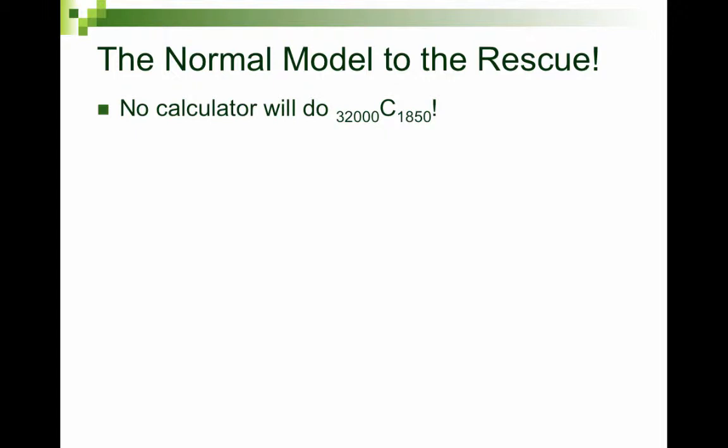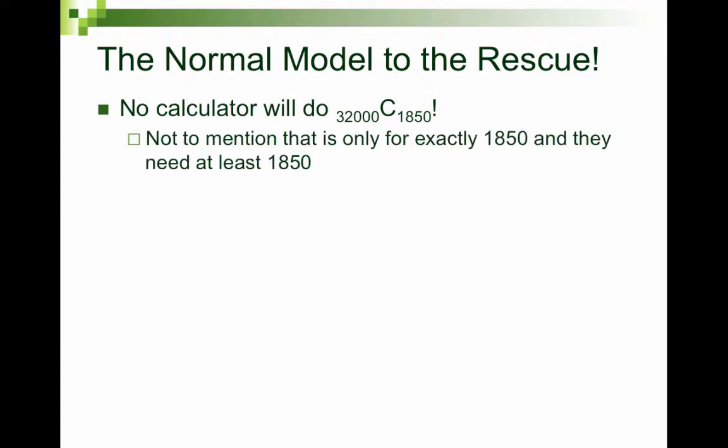That combination is just too large. I actually think that it may be possible on the nSpire now, but originally, not so much. The other issue is that this is for exactly 1,850 and they need at least, so they need 1,850 or more. So now we're looking at literally millions of different combinations.